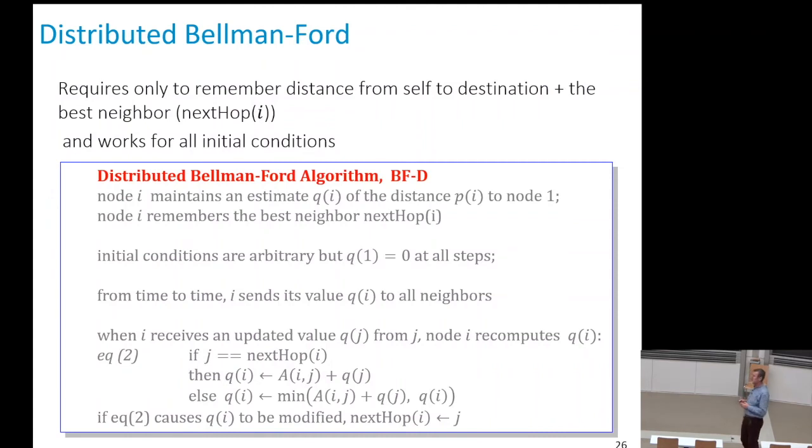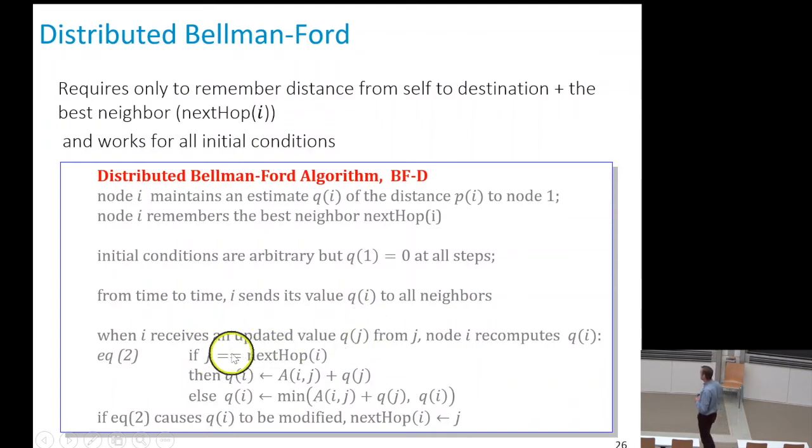What instead is done in distance vector routing algorithms is this. The true version of the distributed Bellman-Ford algorithm is this one. You keep your local estimate of the distance to the destination, like with super duper. However, you also keep the next hop to the destination.